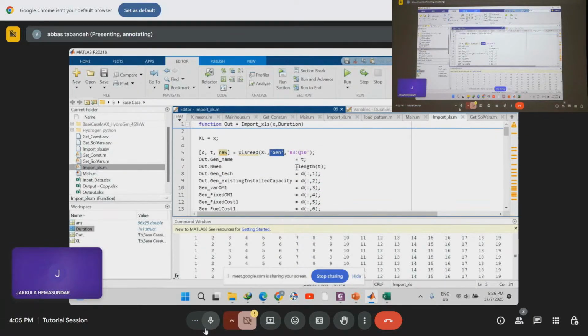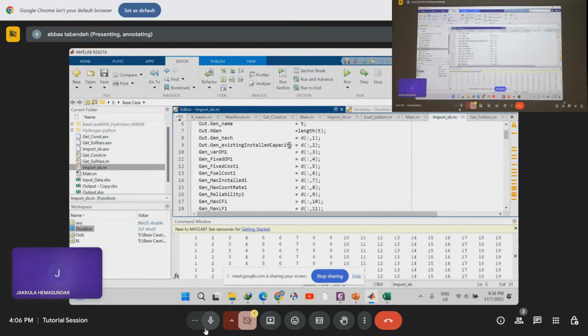And then after we read this table from our Excel sheet, again, we will define the parameters in MATLAB, and we will define them using these syntaxes.